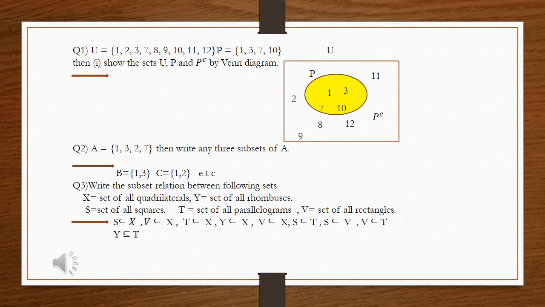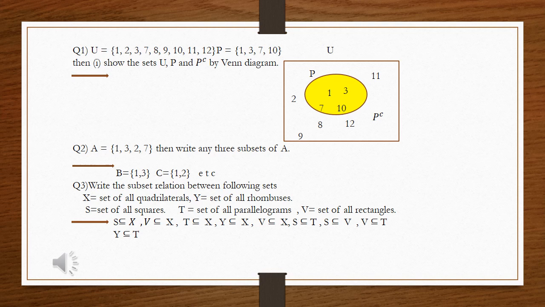Also we know that a square can be a rectangle, but a rectangle cannot be a square. So here we can also write S is a subset of V. Also, the set of all rectangles is a subset of parallelograms, because a rectangle is a parallelogram, but a parallelogram may not be a rectangle.